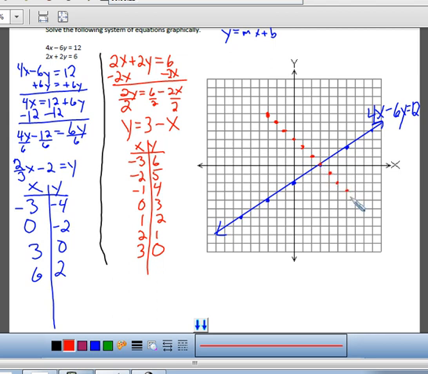Use my line tool so I can make a nice straight line. This time I'll use my red. Don't forget the arrows. Don't forget the equation, 2x plus 2y equals 6. And there's my solution.